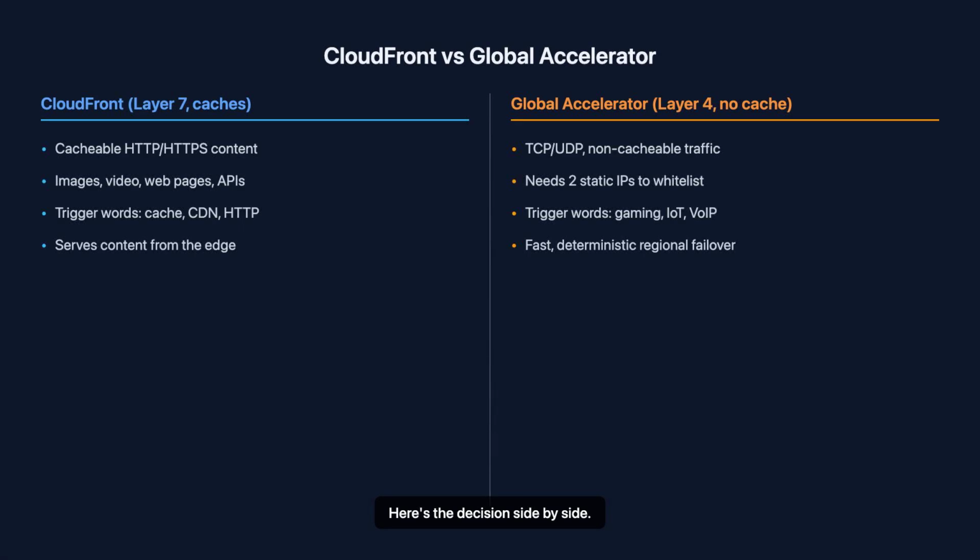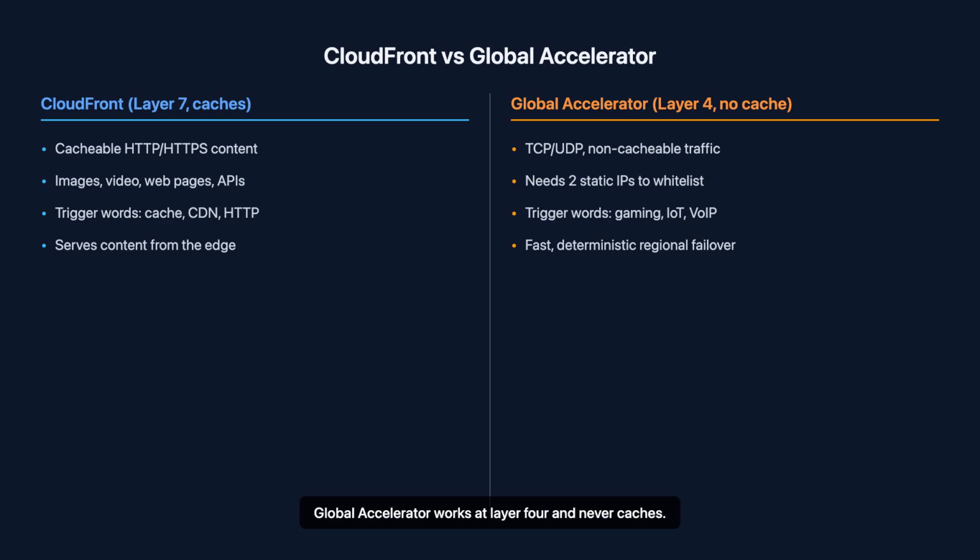Here's the decision side by side. CloudFront works at layer 7 and caches. Reach for it with cacheable HTTP and HTTPS content: images, video, web pages, APIs. The trigger words are cache, CDN, and HTTP, and it serves content from the edge.